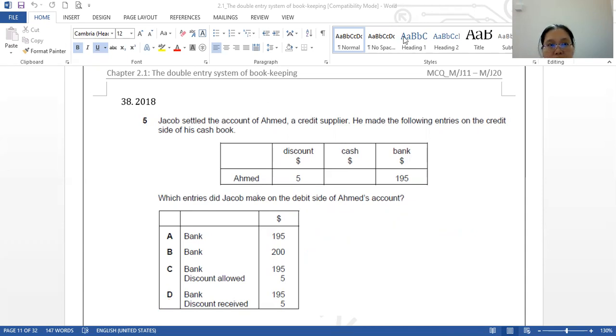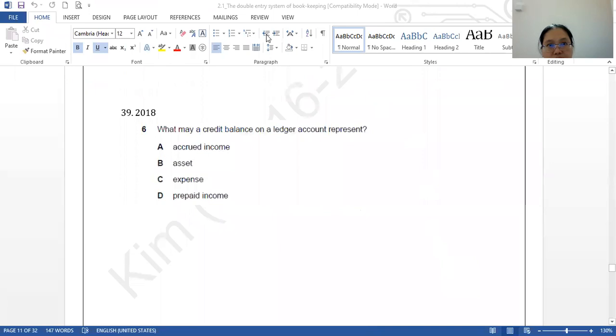Okay, next. What may a credit balance on a ledger account represent? Credit balance. Accrued income means that income has not been received. This is a current asset. Current asset is on the debit side.